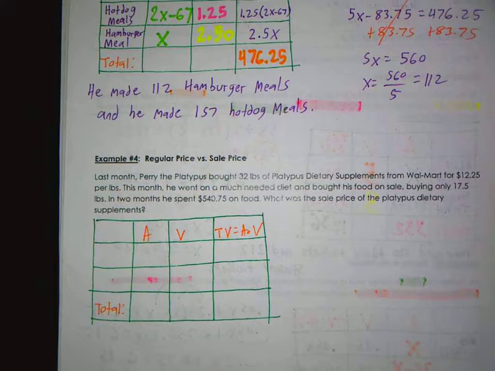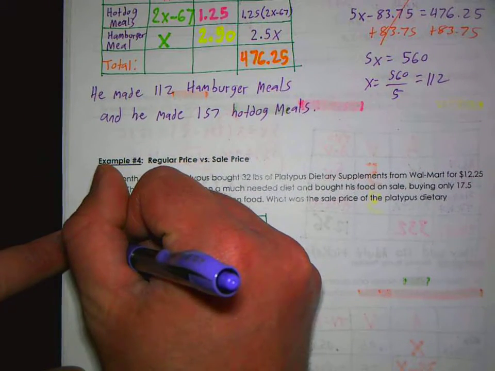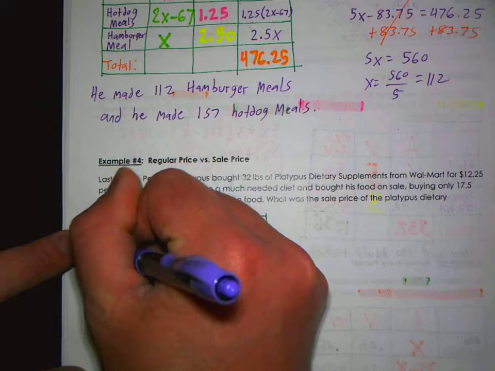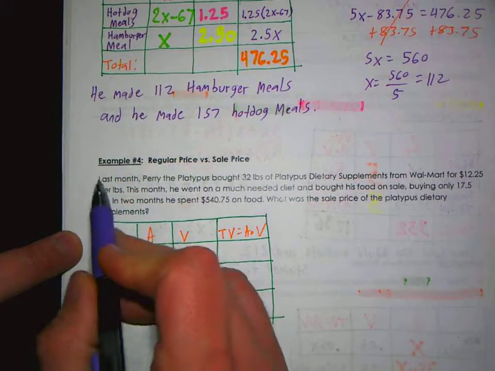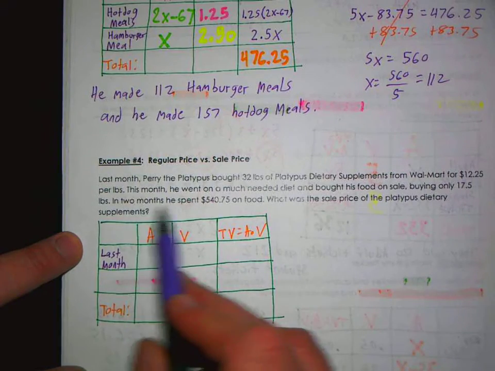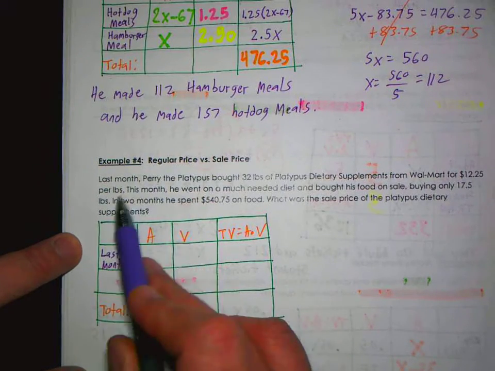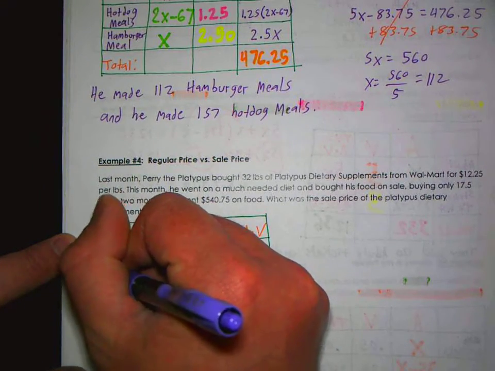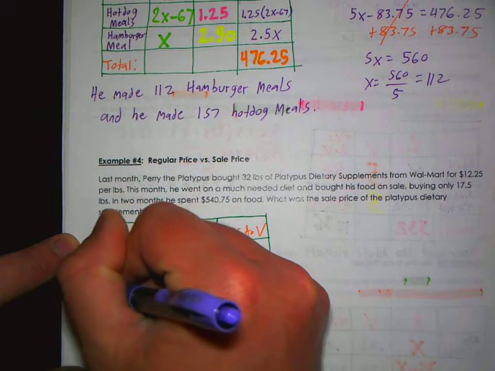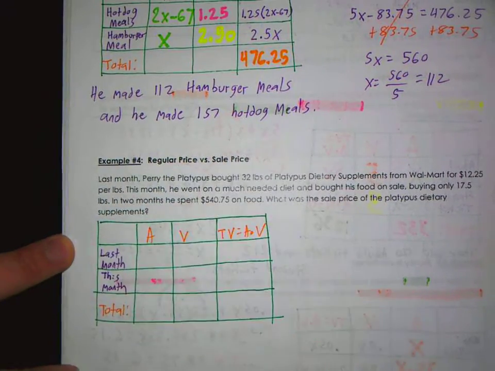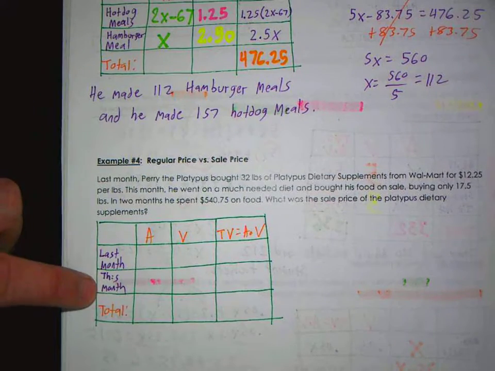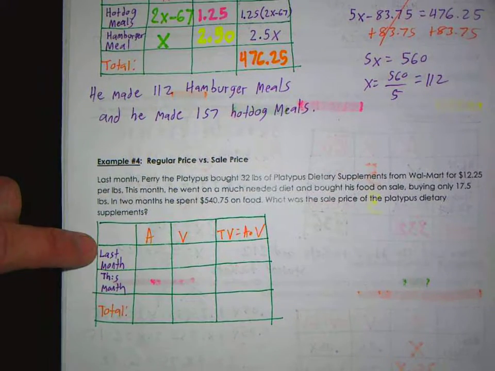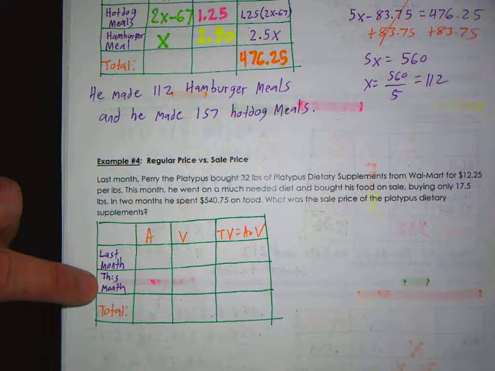The variables, all right, last month, which is this, and then this month. You could also call this how much when it wasn't on sale, and this is how much it was on sale. Okay, so not on sale is on sale. You could do that too.